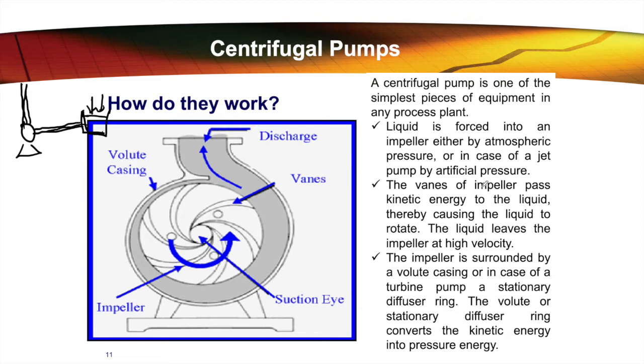The vanes of the impeller pass the kinetic energy to the liquid, thereby causing the liquid to rotate. The liquid leaves the impeller at high velocity. So this vane will rotate, and when the fluid moves to this vane, the vane will convert the kinetic energy to the liquid, and then the liquid will transfer to the volute casing.